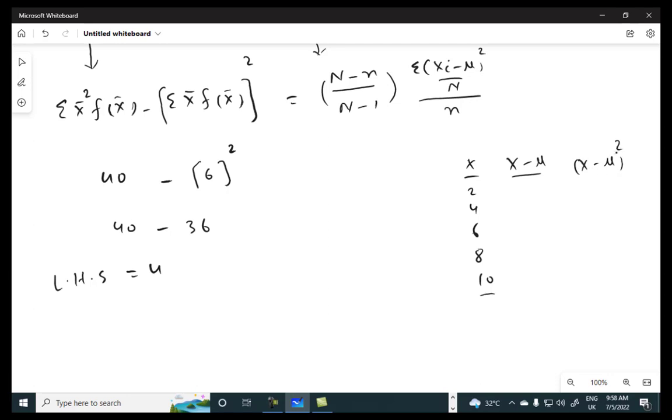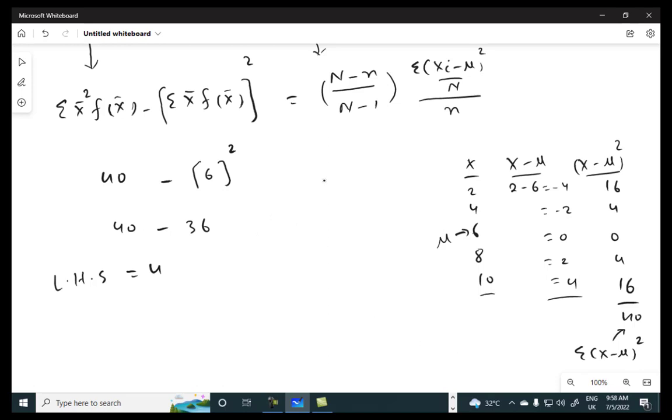Mu is equal to 6. So, 2 minus 6 is equal to minus 4. Similarly, minus 2, 0, 2 and 4. This is x minus mu. Now, square these values: 16, 4, 0, 4, 16, and overall this is equal to 40. This is the summation x minus mu whole square.